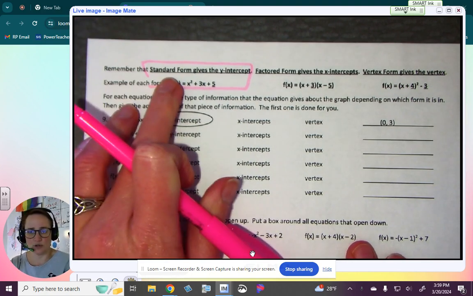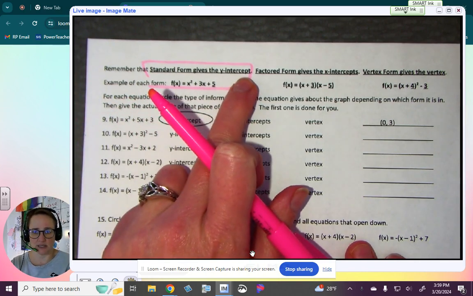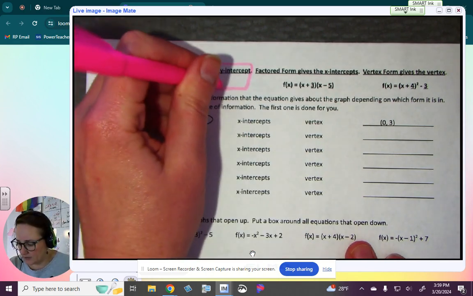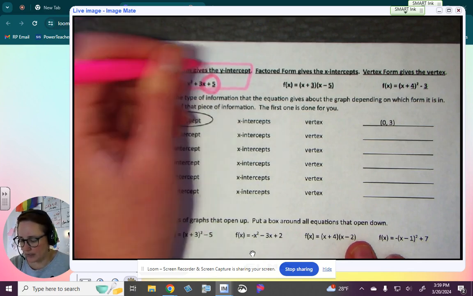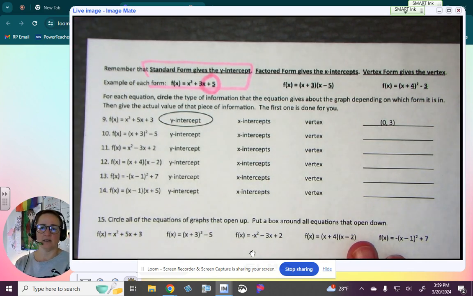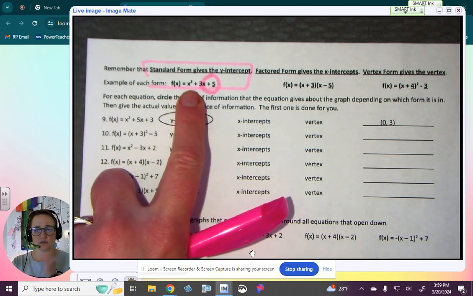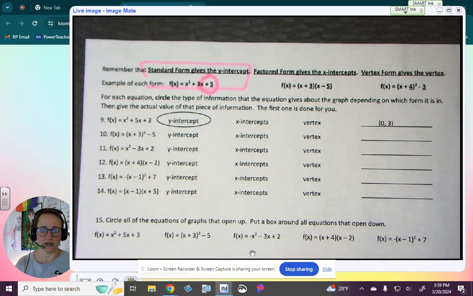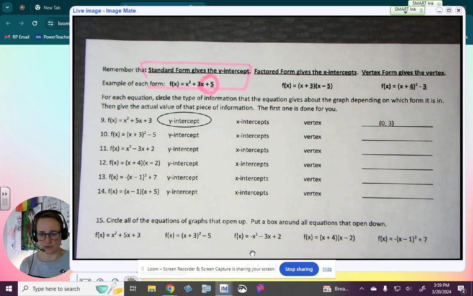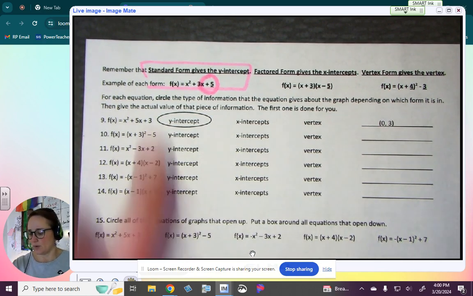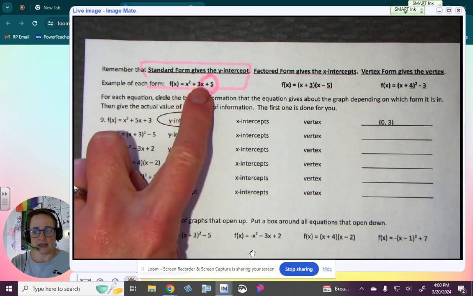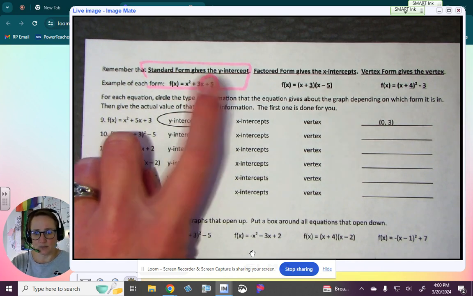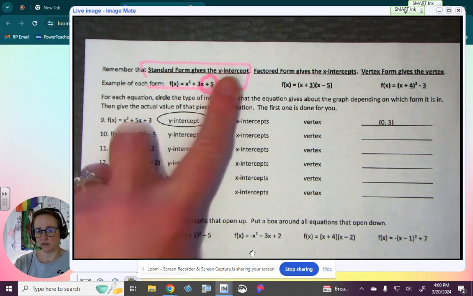Standard form gives us the y-intercept directly. We can tell standard form because it has an x squared, or like a 4x squared, or a 6x squared. It has an x squared term, an x term, and a constant. Remember that this constant is what tells us the y-intercept.